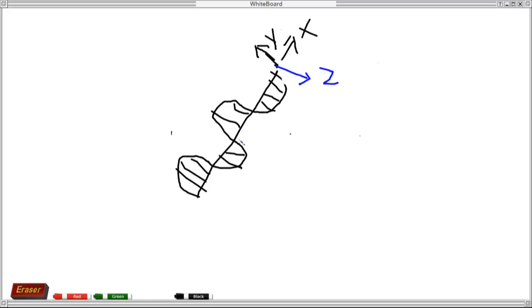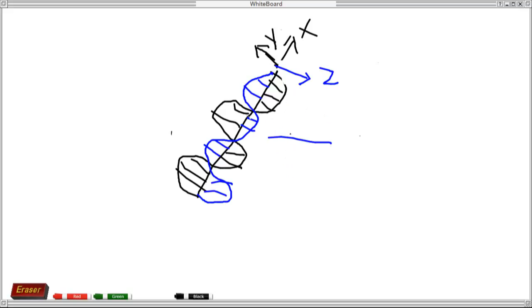You'll cover this in calculus. On your z-axis, you have also another sine wave, and this one is an electric field. For every magnetic field there's always an electric field.